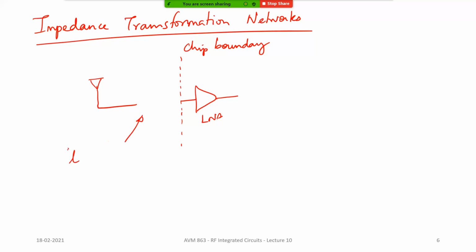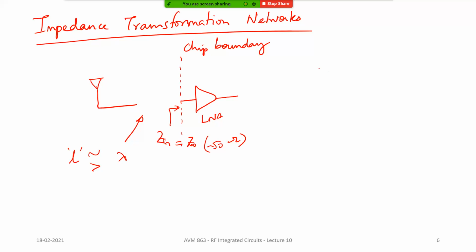The length of this L is either comparable or greater than lambda. So which means that you need to match your input. Zin has to be equal to the characteristic impedance Z0, typically around 50 ohms. So now the input impedance of your LNA has to be 50 ohms.